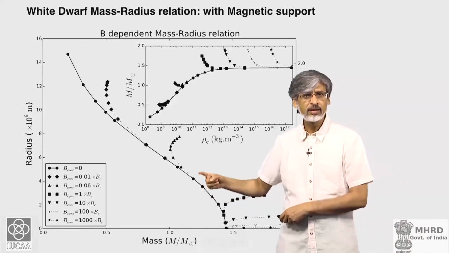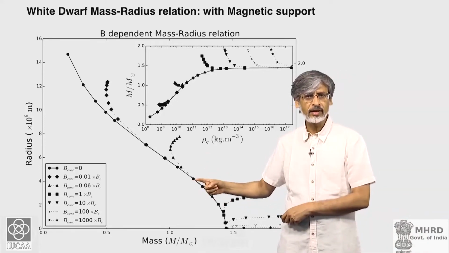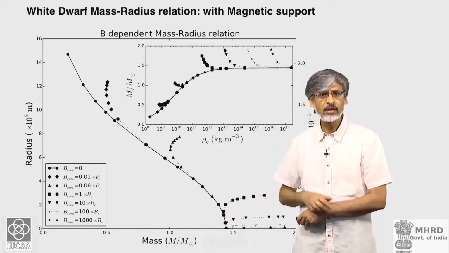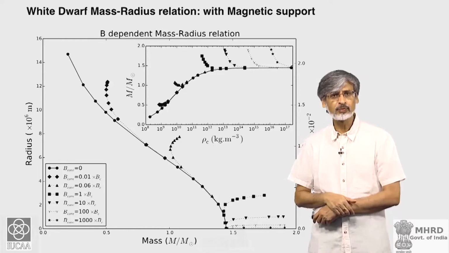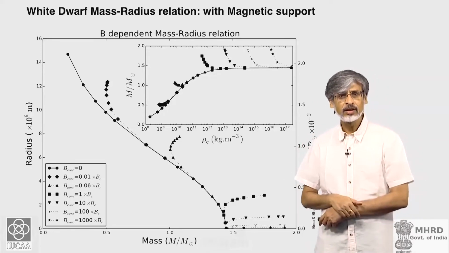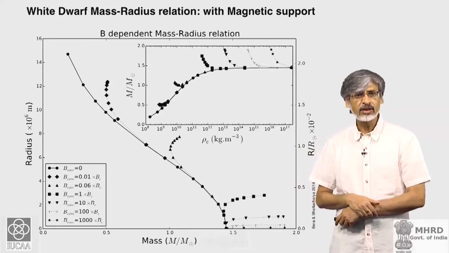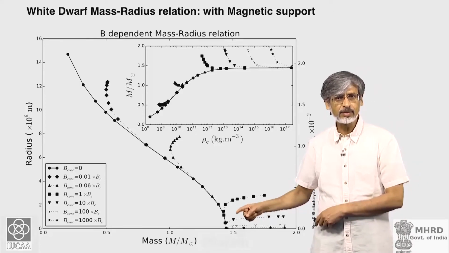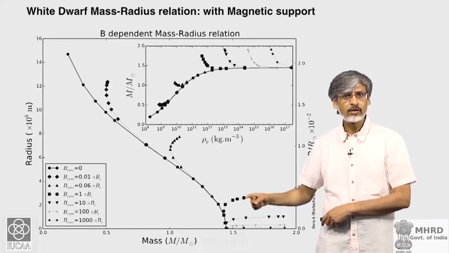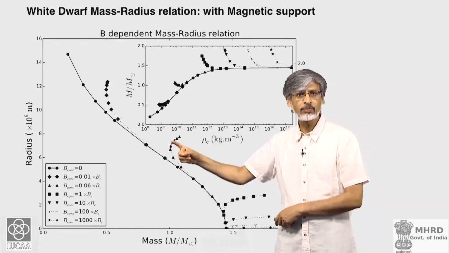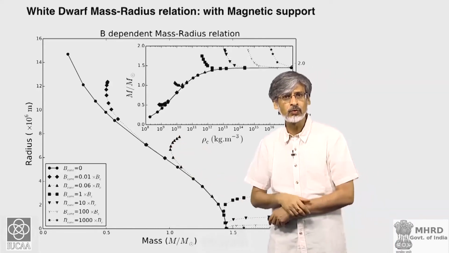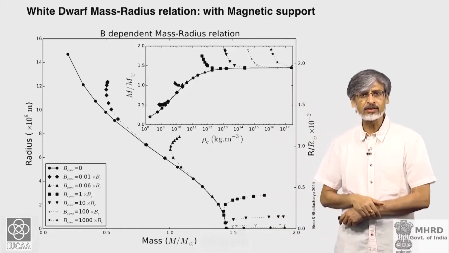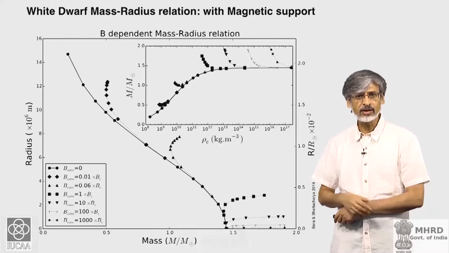Here this line which goes down like this is the original white dwarf mass radius relation with pure degeneracy pressure in the absence of any magnetic field, and these branches which peel off from this and move over are the mass radius relations in the presence of strong magnetic field.